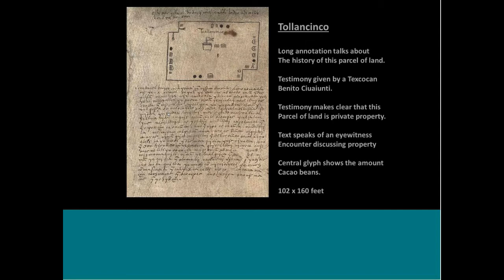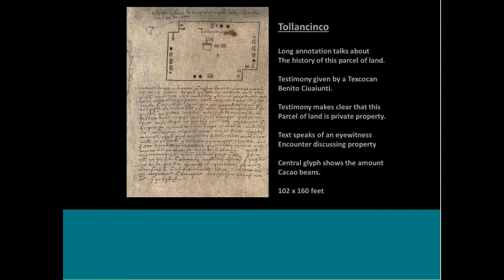And really what we're looking at here is, throughout the map, testimony given by the indigenous themselves. This one is given by one of the Texcocans on the map, Benito here. And basically what this piece of testimony talks about is the parcel of land and the history of it.